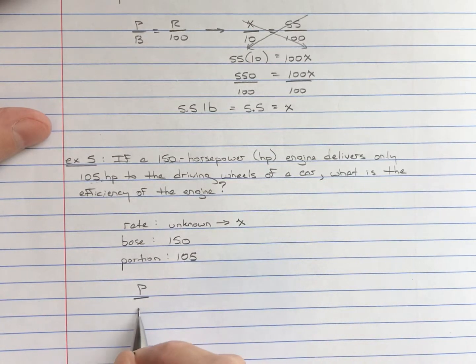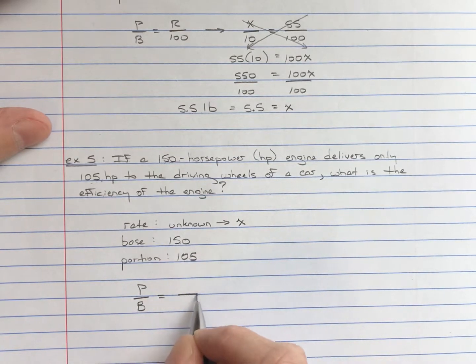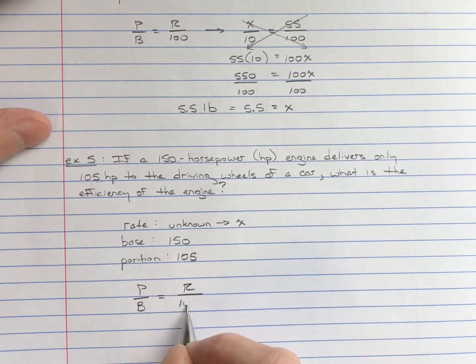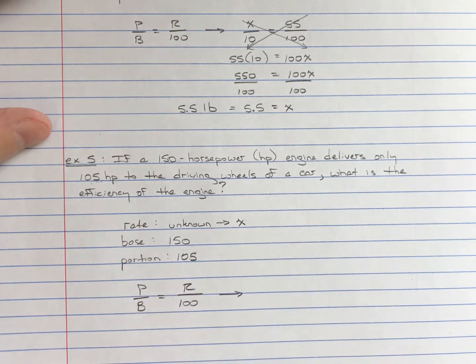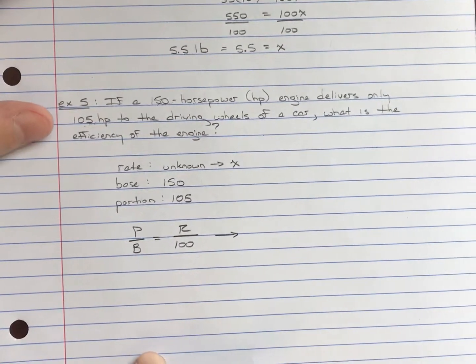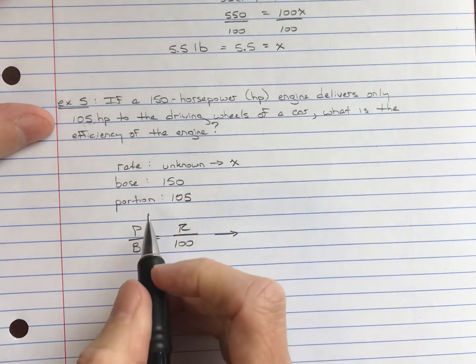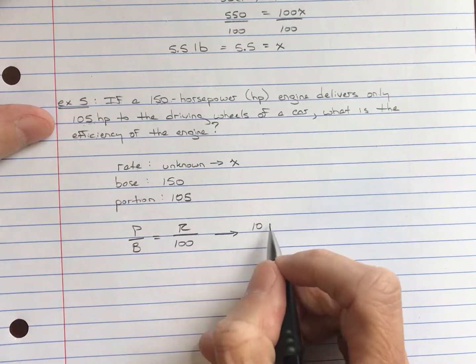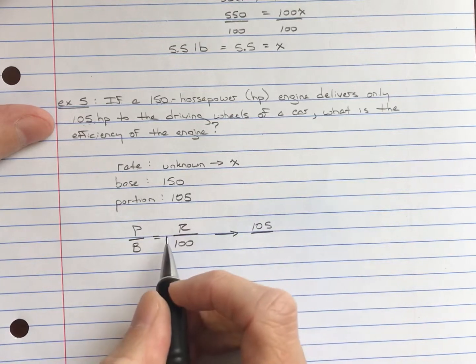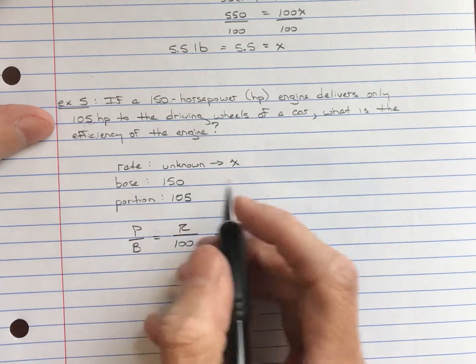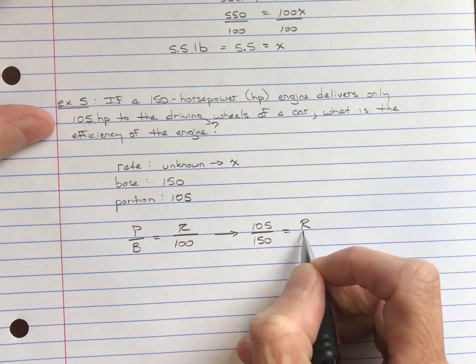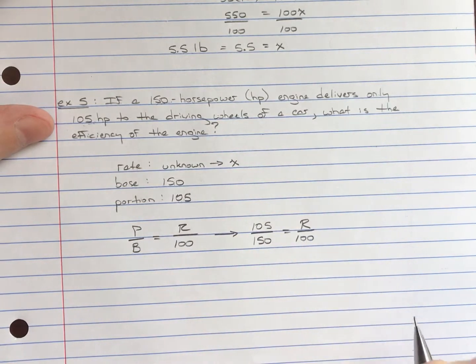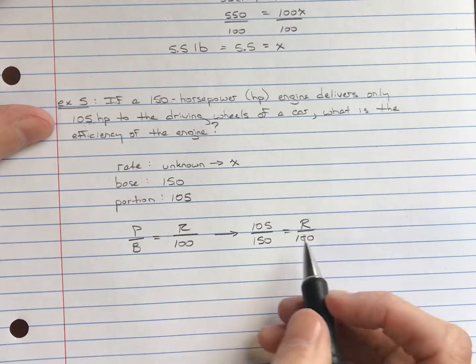Okay, let's set it up. Portion over base is equal to the rate over 100. Again, I'll go off to the right just because I don't have quite enough space to go down. I'll make sure you can see it. I know the portion is 105 horsepower. I know the base is 150. I know I'm looking for the rate, and I always have 100 in the proportion.